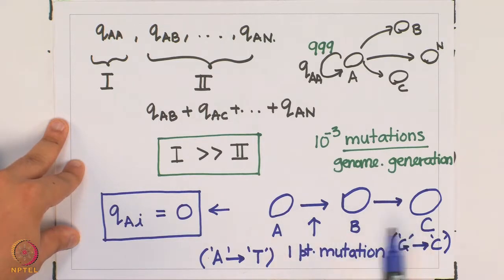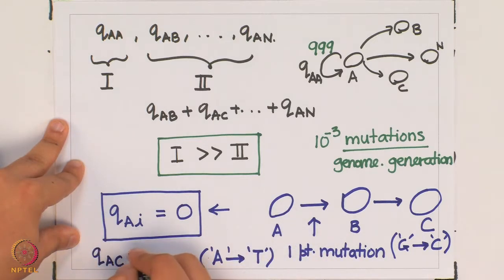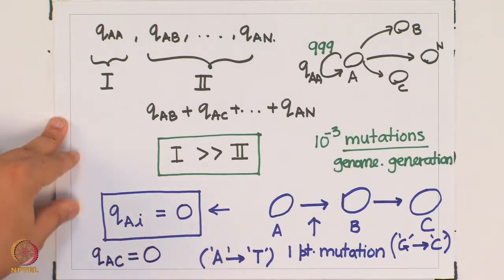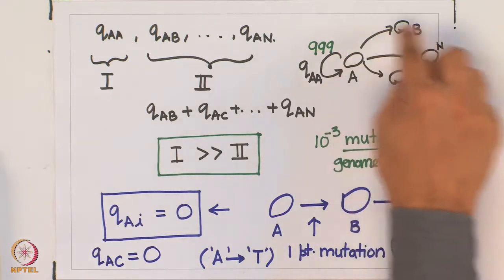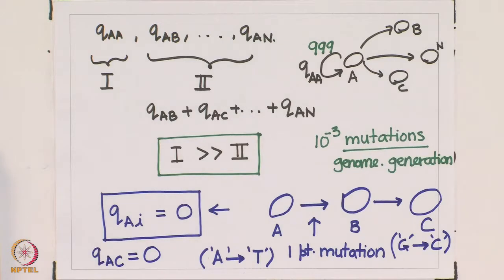To lead to C, A has to go via B. It has to first lead to change of an A to a T at one location, and then at another location on the chromosome, G has to change to C so that genotype C is produced. Hence, what that implies in this example is that QAC is equal to 0. And you might have several more quantities which are 0 depending on what are the precise mutations that link each of the n genotypes that we are discussing.